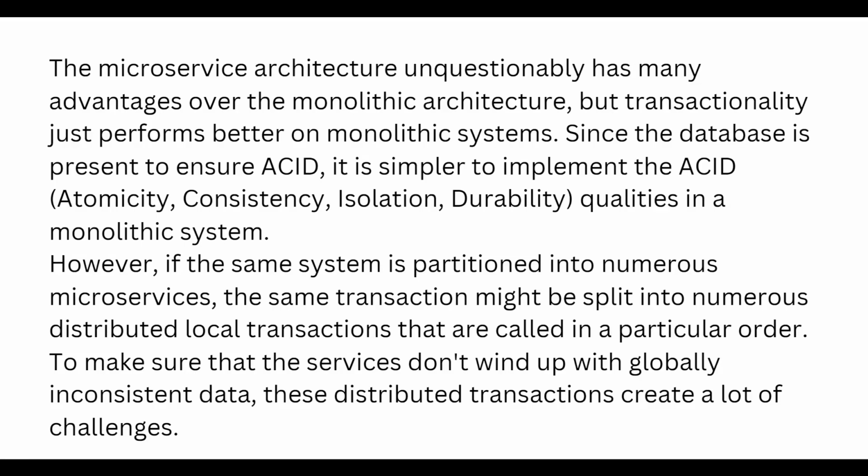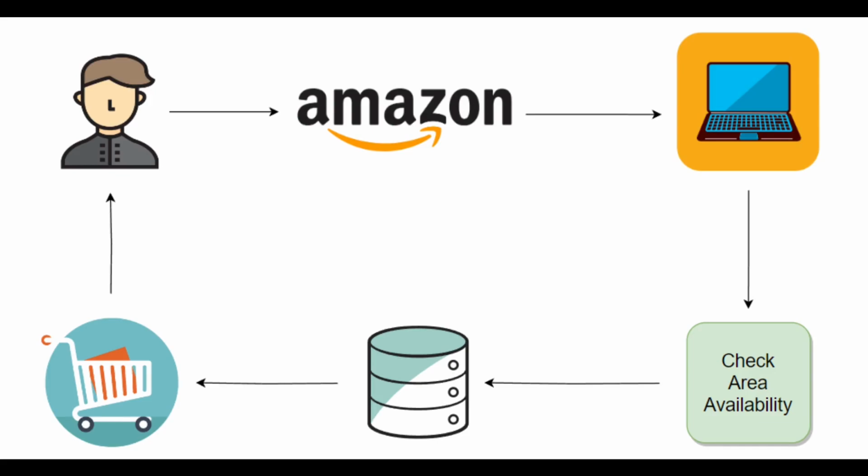It is simple to implement the ACID properties in a monolithic system. However, if the same system is partitioned into numerous microservices, the same transaction might be split into numerous distributed local transactions that are called in a particular order. To make sure that the services don't wind up with globally inconsistent data, these distributed transactions create a lot of challenges. Now let's take this example.